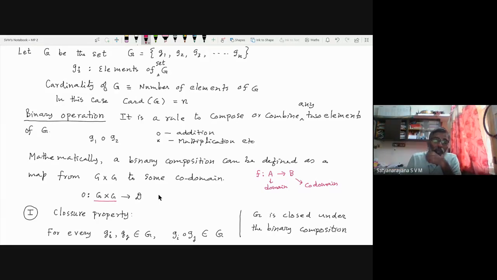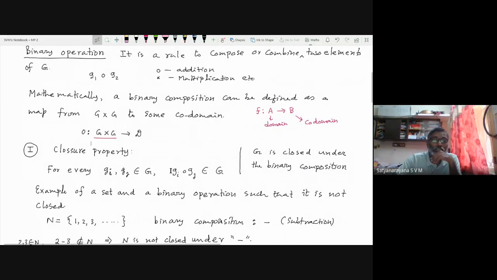But if you want to have another way to tell a closure property, it is a binary operation with closure property. Closure property means this codomain has to be G only, because composition of two elements will give another element in G only, right?